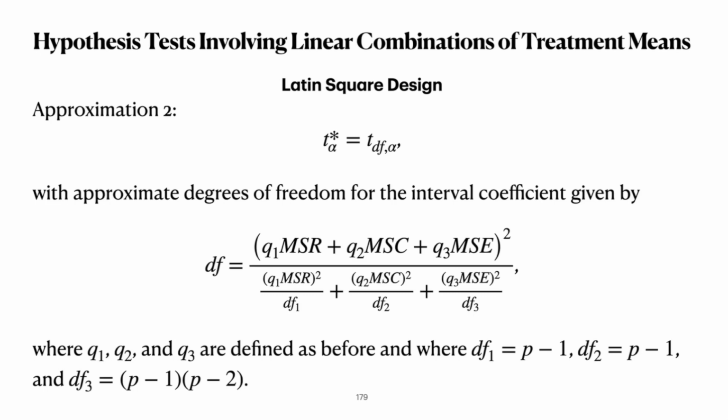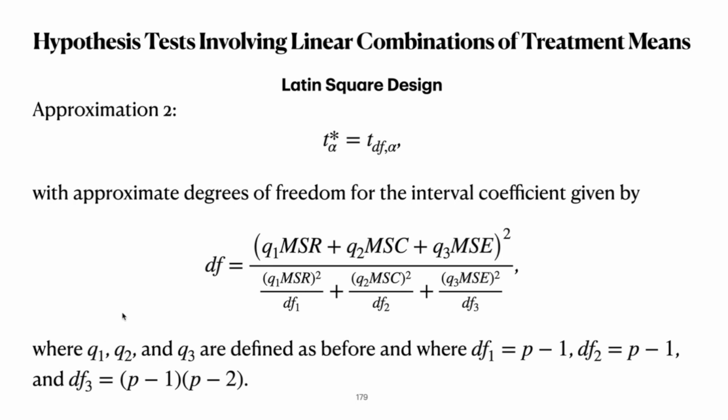Again, approximation method 2, this is known as Satterthwaite's approximation. And the way this works is that we approximate not the t-value directly, but the degrees of freedom associated with the reference t-distribution, and then we use the t-value, or the critical point, from that particular t-distribution. So in this case, the degrees of freedom associated with the critical point are given by this expression.